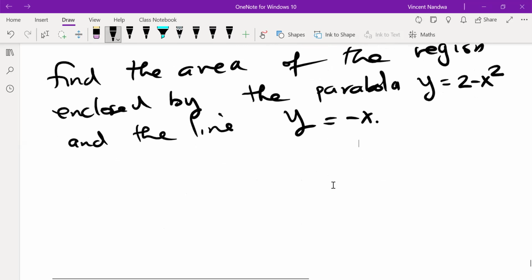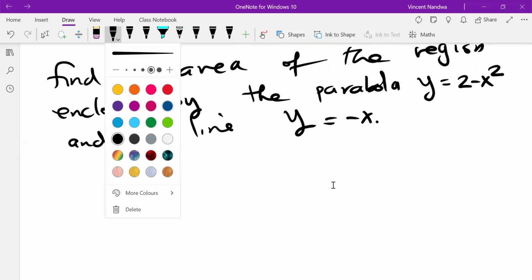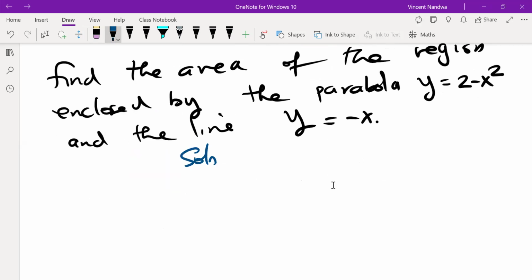So here, 2 minus x squared should be the same as minus x because these are the y values.